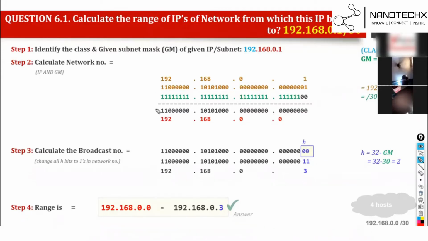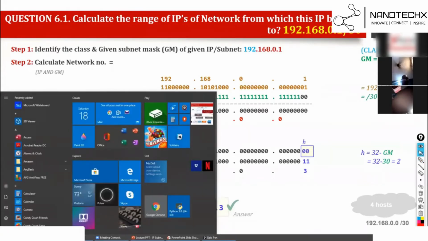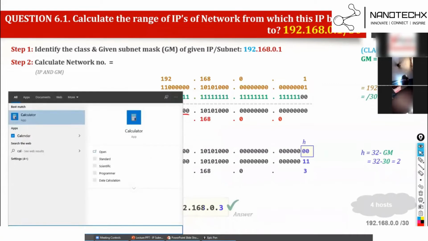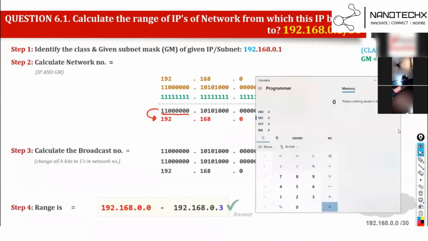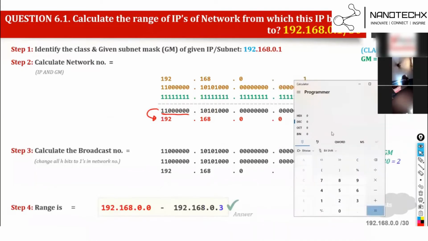Then we convert this back to decimal. You can use the calculator, or you can do the calculation yourself, which we just learned how to convert. But to show you quickly, let me use the calculator. The binary number 11000000 is equal to 192, so that's why the number is 192.